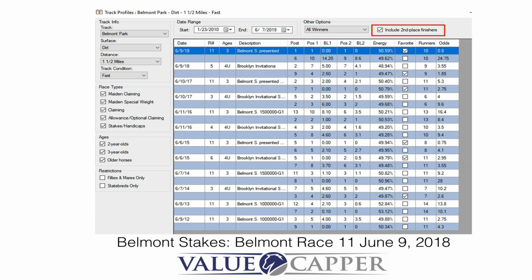And interestingly enough, except for one colt, and that was last year when Gronkowski came from way back to get second at 25-1, the second place horses were relatively close to the pace, and you'll see them in the blue shading there. Okay? And they also expended their energy very late. Okay? So I've got that in mind before I even start looking at the race.